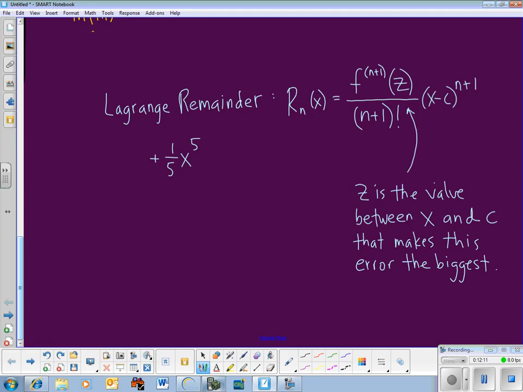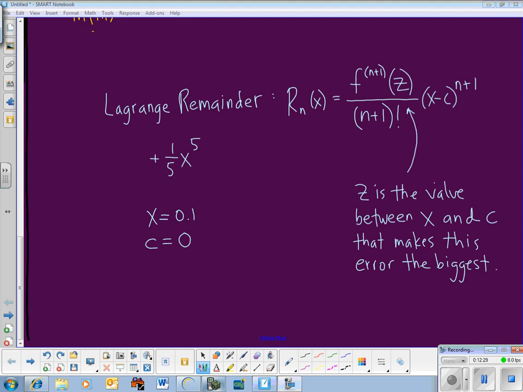So what does that mean? X and c can be kind of confusing. X is the number that we're plugging in. For us, that's 0.1. C is the center, and for any Maclaurin, that is 0.